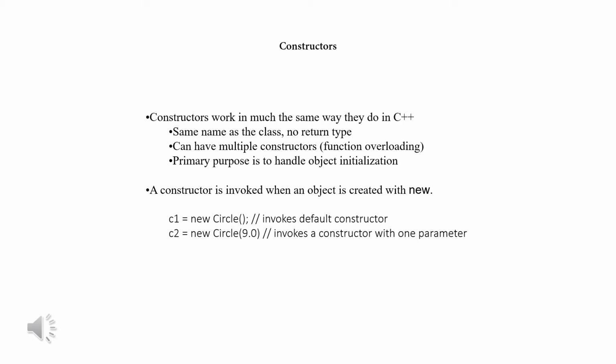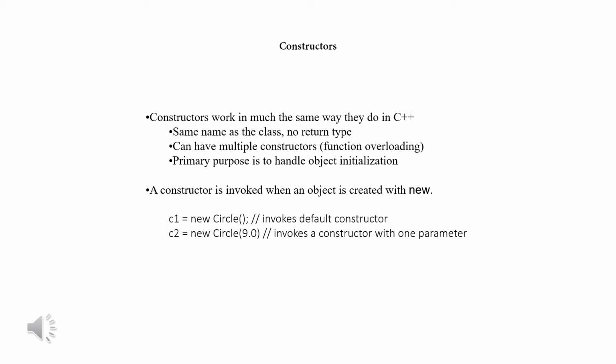It receives a parameter r, and then inside it will set the radius, right? So we had 2 constructors. So we can use any of these 2 constructors to create one object, right?